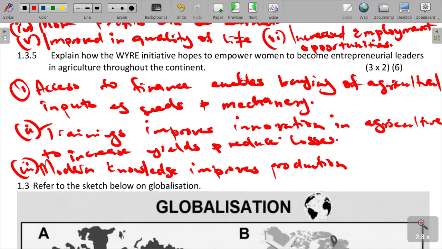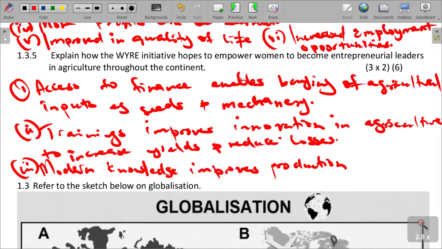Lastly, technical and business skills make them more competitive entrepreneurs. So all these are good ways we can talk about.